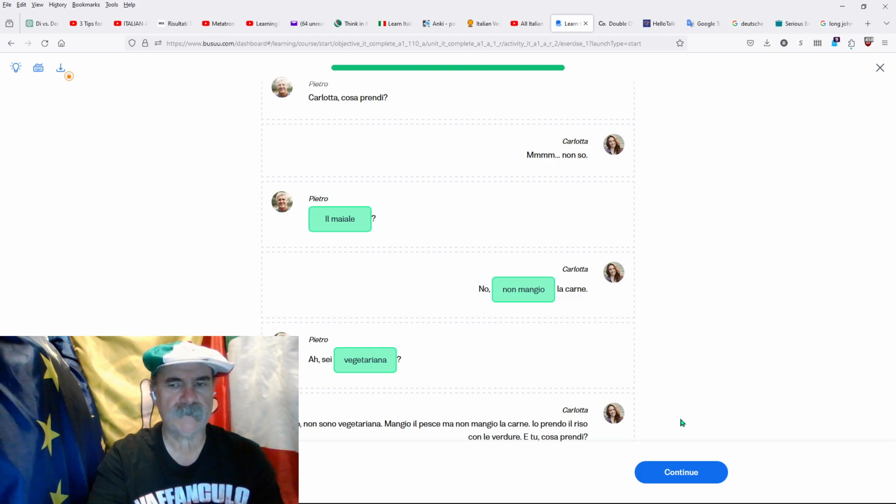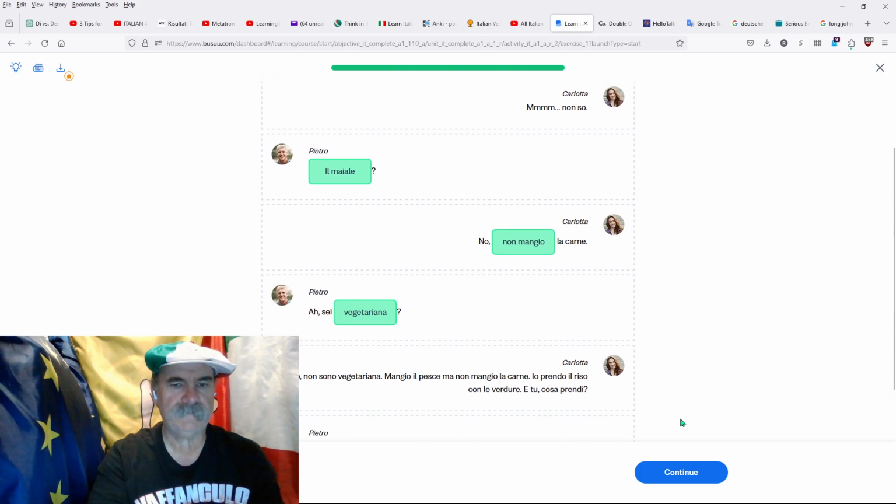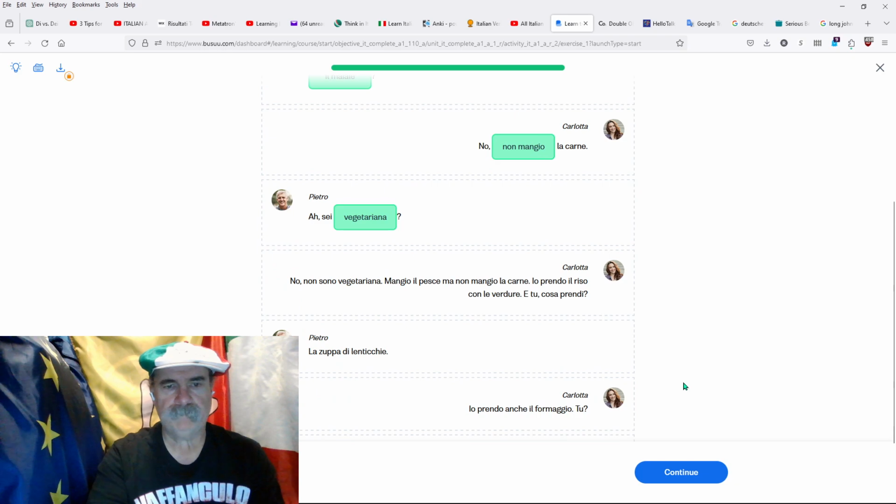No, non mangio la carne. Sei vegetariana? Vegetariana? Sei vegetariana? No, non sono vegetariana. Mangio il pesce, ma non mangio la carne. Io prendo il riso con la verde.